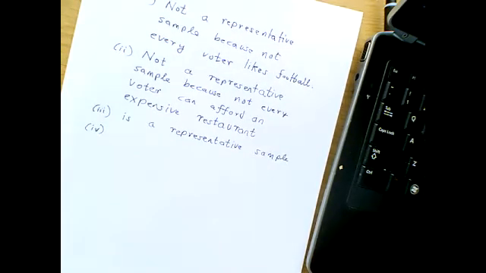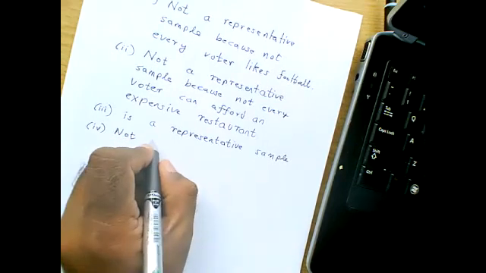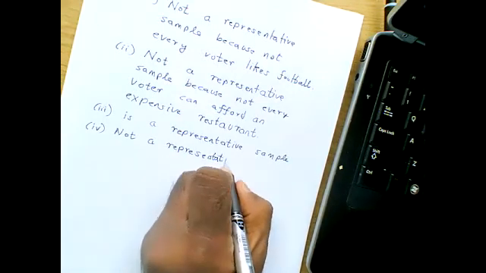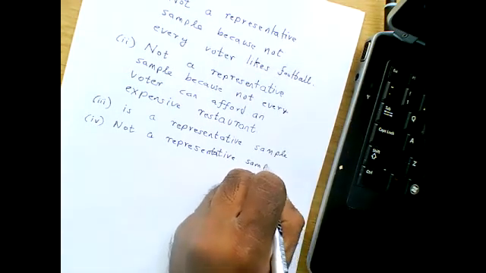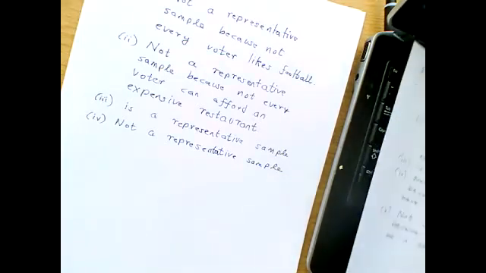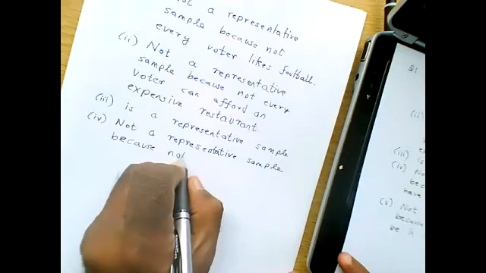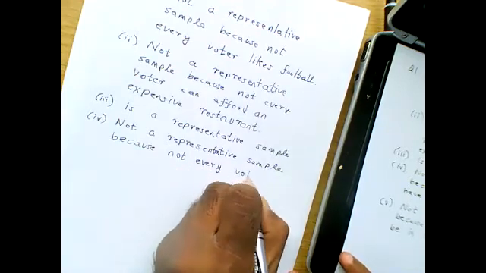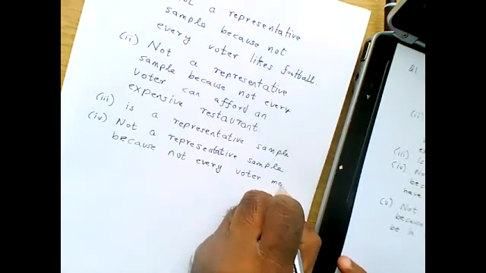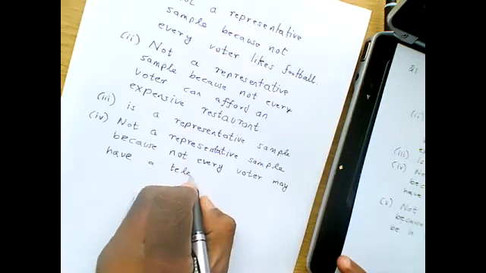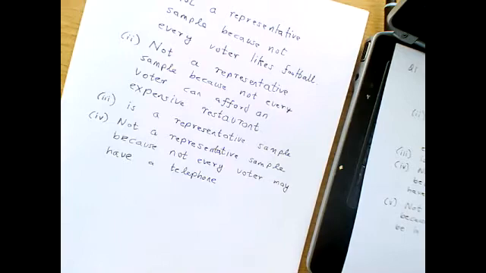Part four is use the results of a telephone poll in which a television station asked its viewers to call and state their voting preference. And this is not a representative sample, because not every voter may have a television, right?